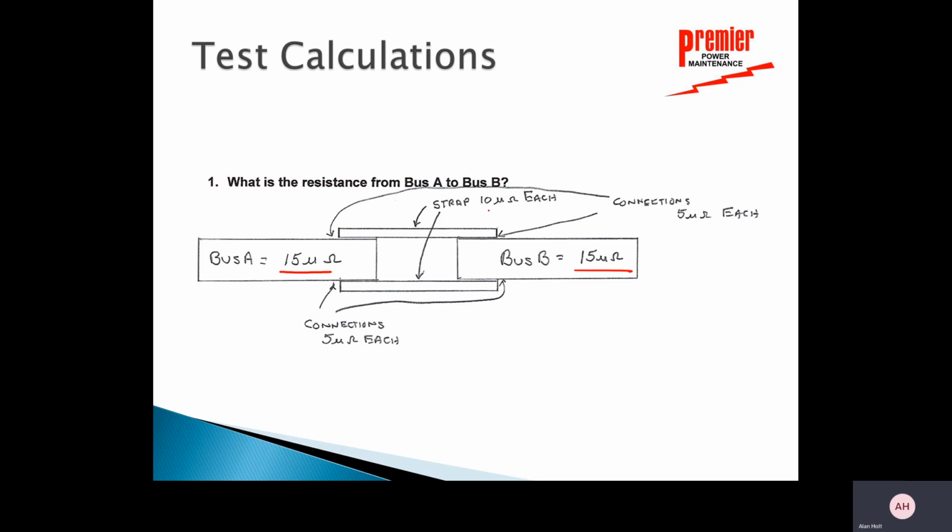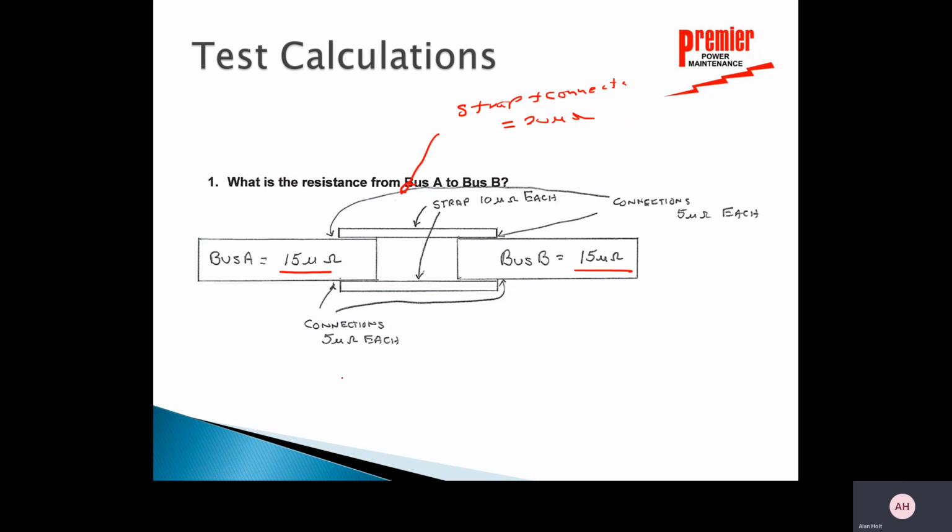The straps are 10 microohms each and have a connection on each side. So if I look at this strap plus connections, I've got 10 plus 5 plus 5, which is equal to 20 microohms.